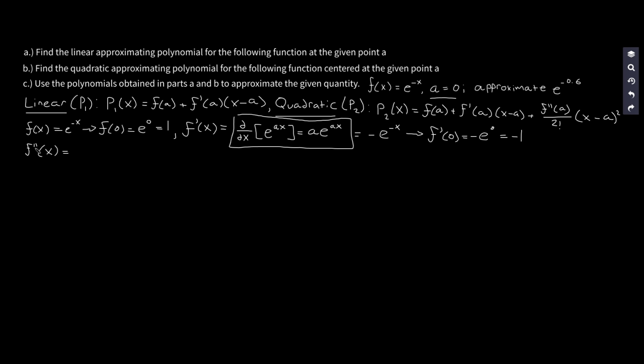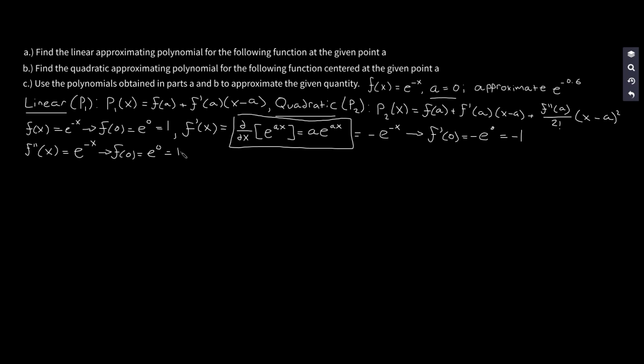That's how you get the second derivative, by taking the derivative of what you got for the derivative before that. So it's going to be e raised to the power of negative x. Then we plug in for f of a, which is f of 0, and that's e raised to the power of 0 again, which is just going to be 1.